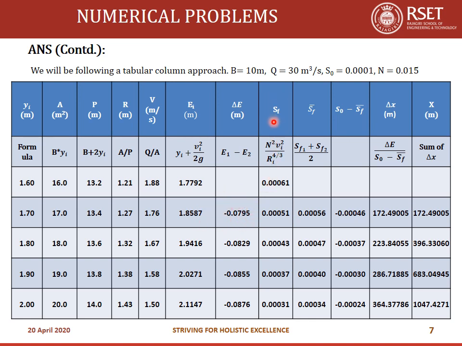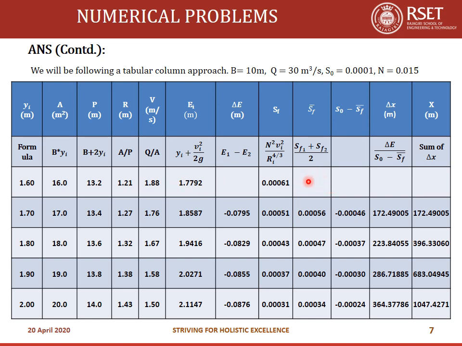SF, like we saw in the previous slide, is n squared v squared by r raised to 4 by 3. Corresponding velocity has been found out, corresponding hydraulic mean depth has been found out, and Manning's constant is known. So n squared v squared by r raised to 4 by 3 is the equation that you're going to use to find out SF. SF bar is SF1 plus SF2 divided by 2, and in this column it is blank because this is the first depth.